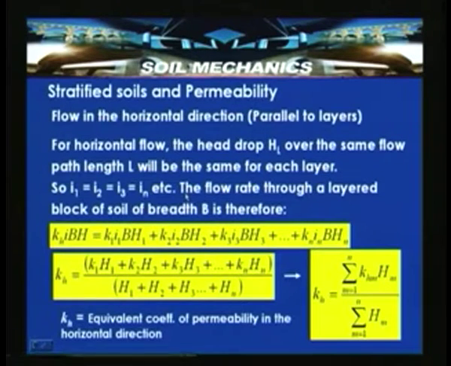So the hydraulic gradients in the first layer, the second layer, and the last, nth layer can be the same. The condition is that I1 is equal to I2 is equal to I3 is equal to I4 is equal to In.